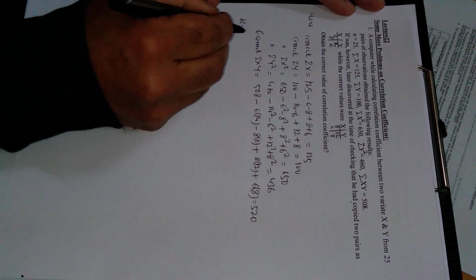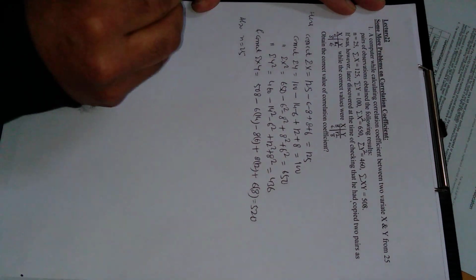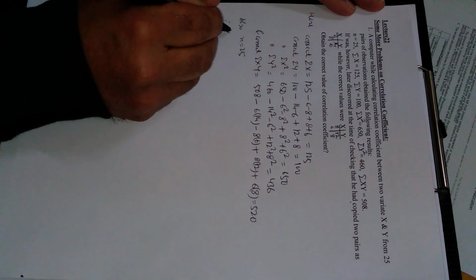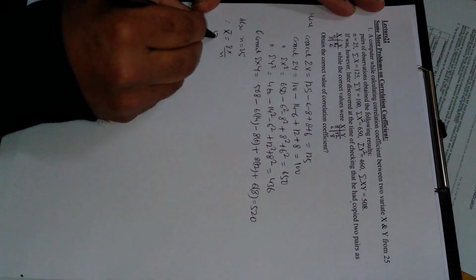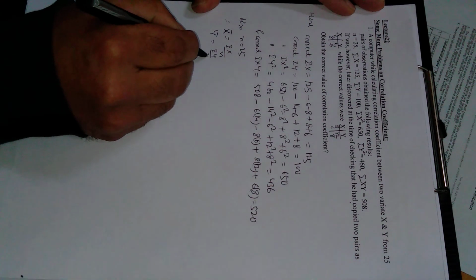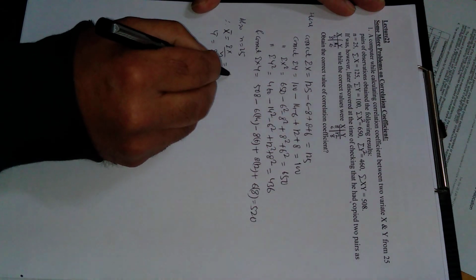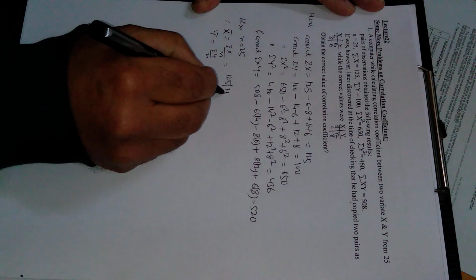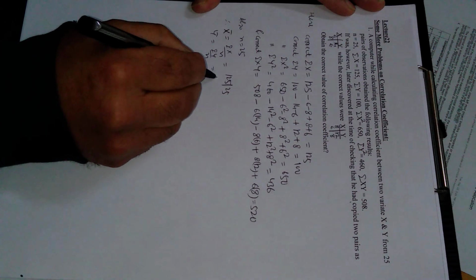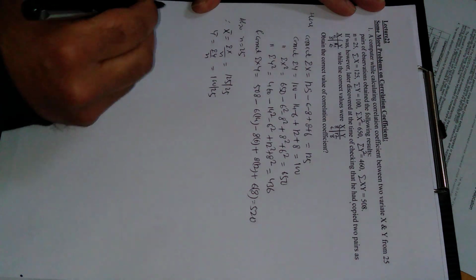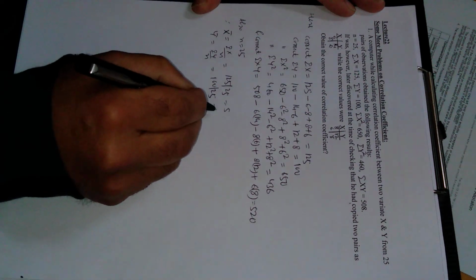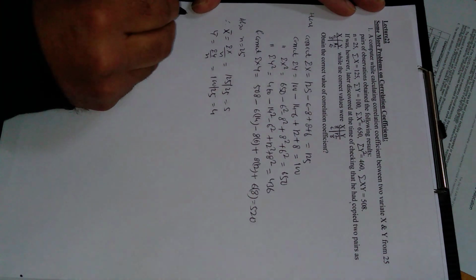Also n is given to be 25, therefore x bar means summation x upon n, and y bar is summation y upon n. Now the correct value is 125 divided by 25 for x, and 100 divided by 25 for y. From here this is 5 and this is 4.